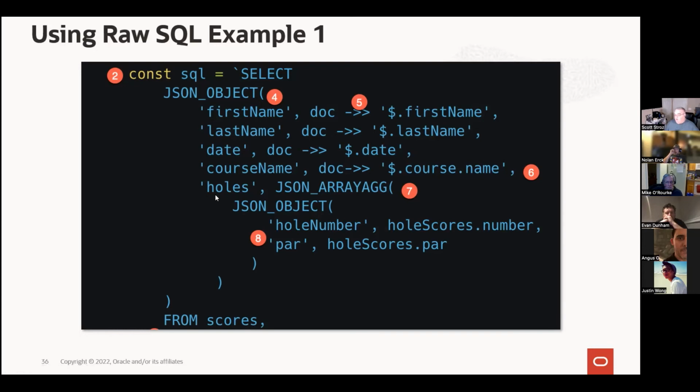And the value of holes is actually going to be the result of a function called JSON_ARRAYAGG. What JSON_ARRAYAGG does is it will return a JSON array of, it's not aggregate data in terms of how sum or count or average is aggregate.